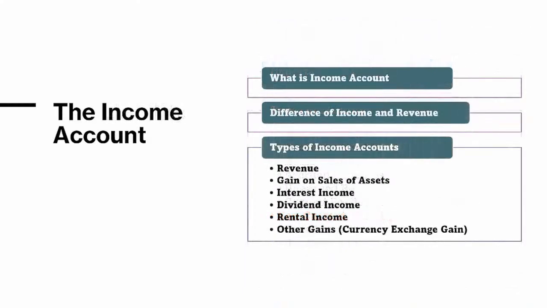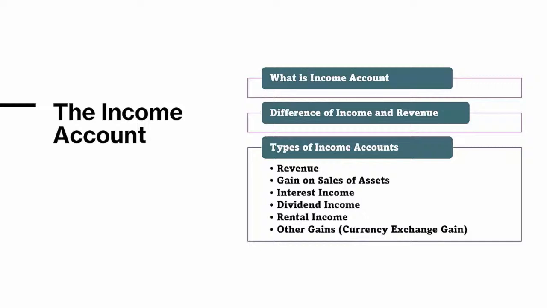Let's take a closer look at income accounts and how they differ from revenue accounts. What is an income account? In accounting, income refers to all sources of earnings that contribute to a business's financial gain. Income accounts include revenue, but also capture other types of earnings that aren't part of a business's core sales or main operations.